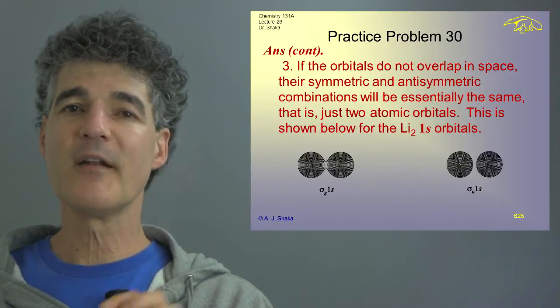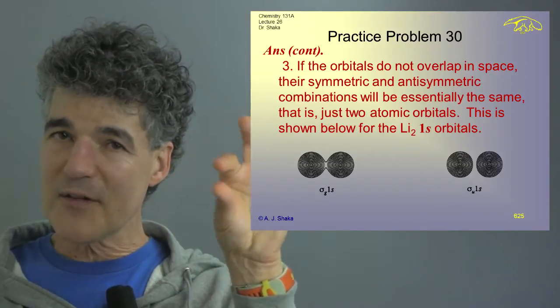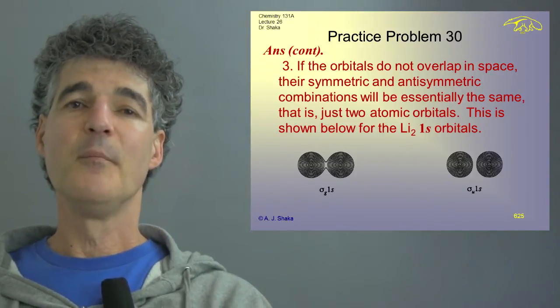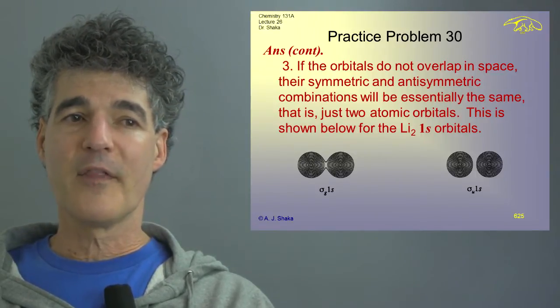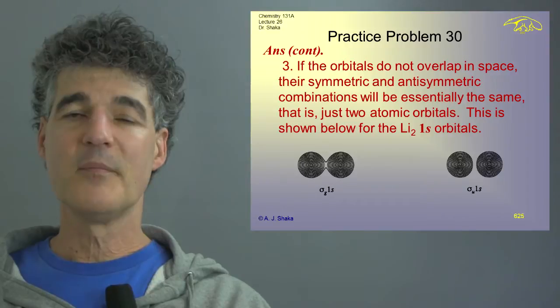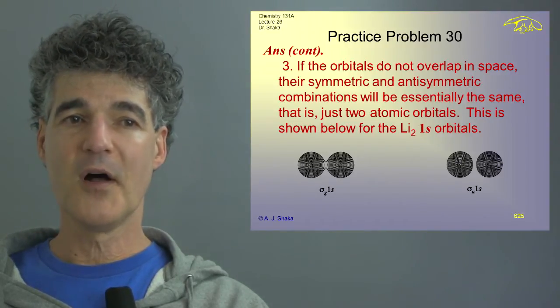So there's a little bit of a contour on the left showing there's a little bit of something there, but that's not going to be enough to hold lithium together. That would not be sufficient to say that that's going to do anything to the bonding.